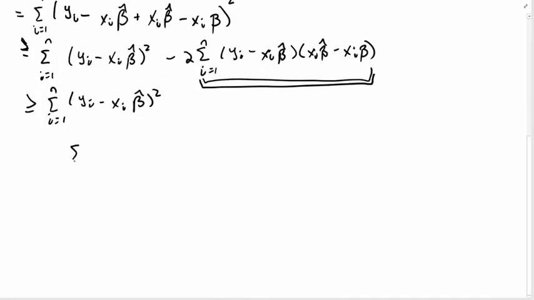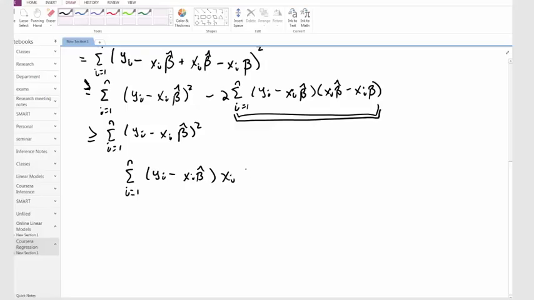So I want to solve summation i equal 1 to n of yi minus xi beta hat, times xi times beta hat minus beta. I would like to solve that equal to 0. This term does not depend on i, so I could divide it from both sides of the equation and it would simply go away.